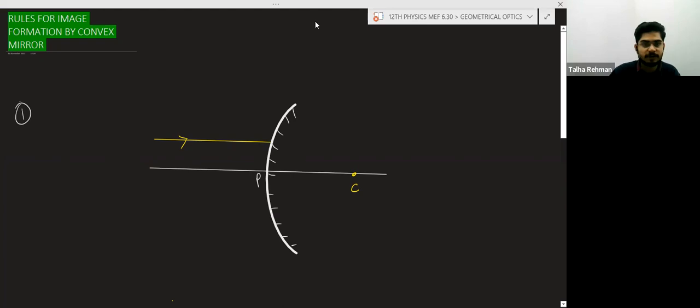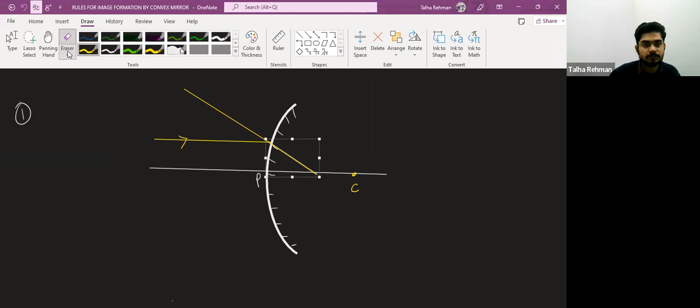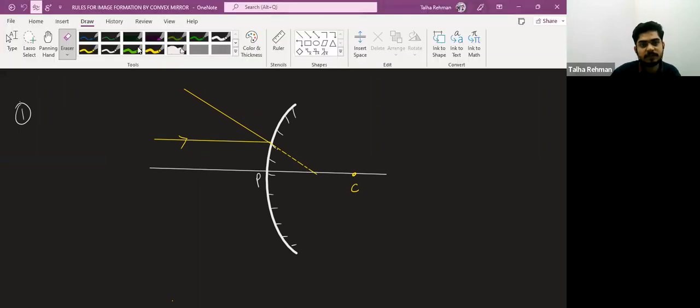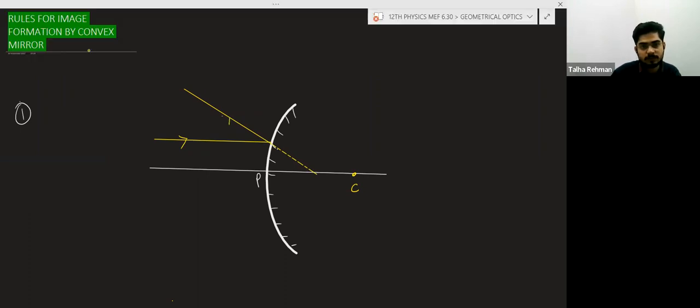This ray of light will reflect like this, and when you produce this reflected light in the backward direction, incident ray, reflected ray, this reflected ray you have produced in the backward direction, and the point where this ray meets the principal axis will be the focus.